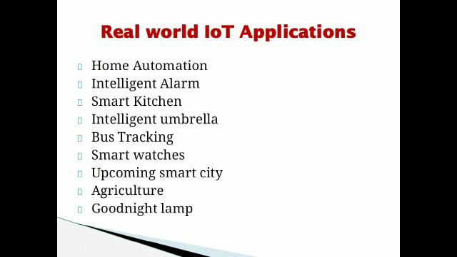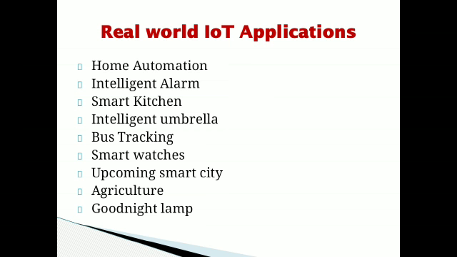A very interesting part of IoT is definitely IoT applications. Home automation, and more. In today's digital world, we are using so many things in the home itself. So many IoT devices are there in a home: AC, fridge, washing machines.